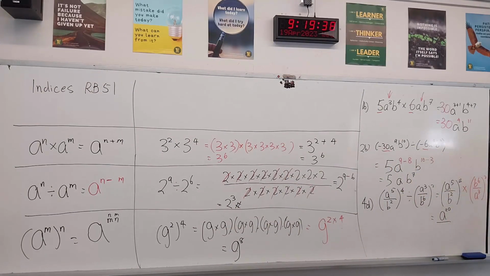Yeah. You also need to power 4 because everything inside the bracket power 4. So the B also power 4. So yes, very good. B power 8. And then I multiply B power 12. 6 times 2. And finally, A power 6.